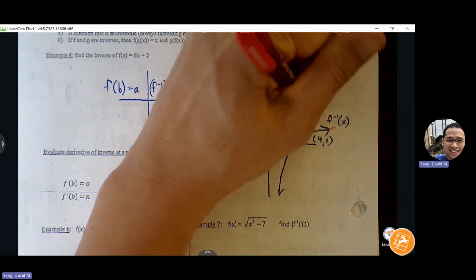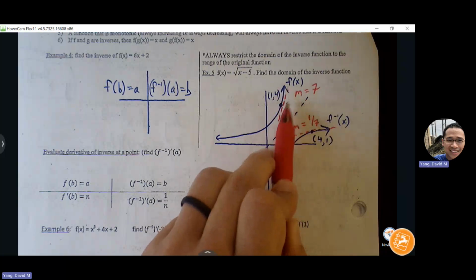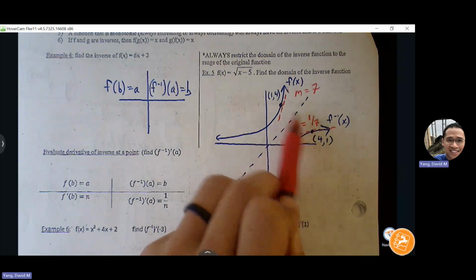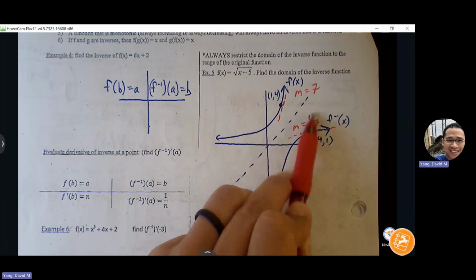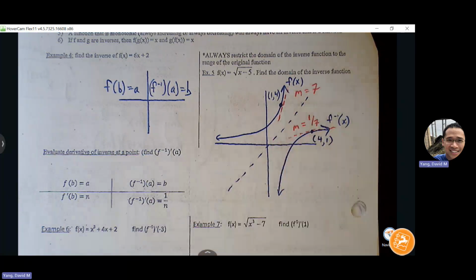That's really the entire relationship here. If I can figure out the steepness here, I don't have to do anything with this function. I know that if these are inverse functions at corresponding points, the steepness will just be the reciprocal, not the opposite reciprocal. These are both positive slopes, just one is steeper than the other.